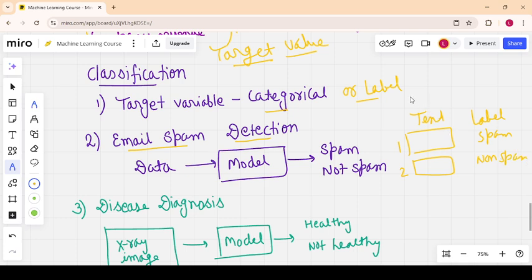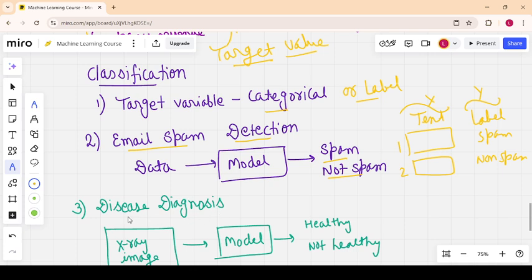We feed this data set in the format of x and y into the model, and the model is trained and learns the pattern present in the data set, and that can be used to distinguish whether the text is spam or non-spam, which is used in daily life.